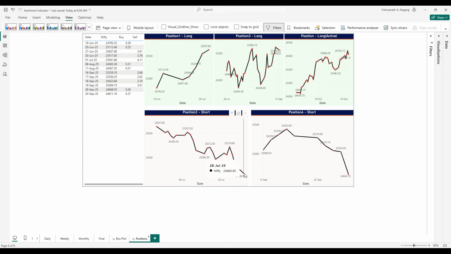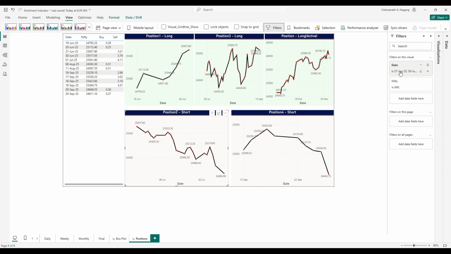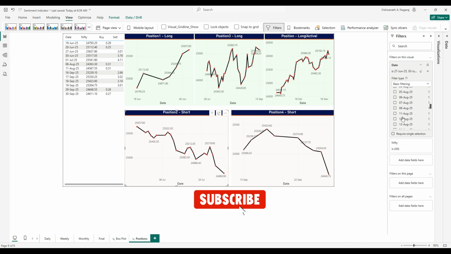So we come to 28th of July. Okay, there is something that I made a mistake here, but I'll show you the system, right? How it has moved. 27th June to 8th of August was the next buy, right? Let me just quickly make that change. 8th of August, right?